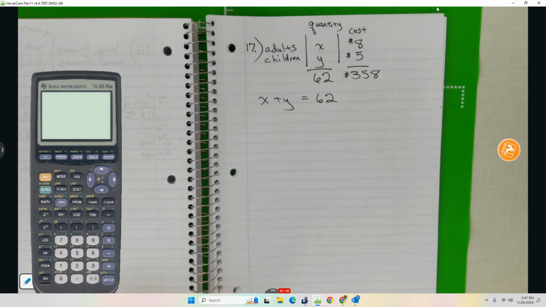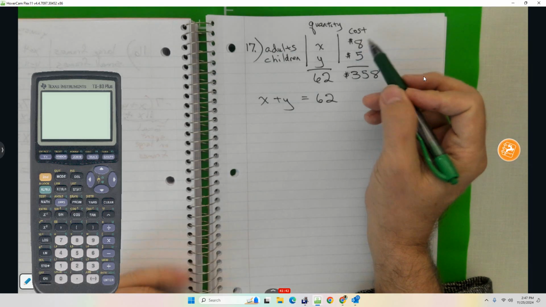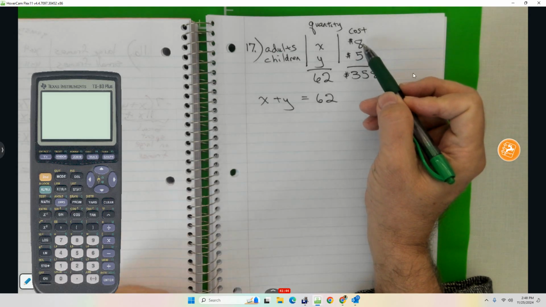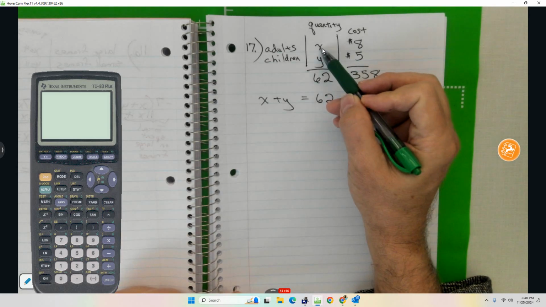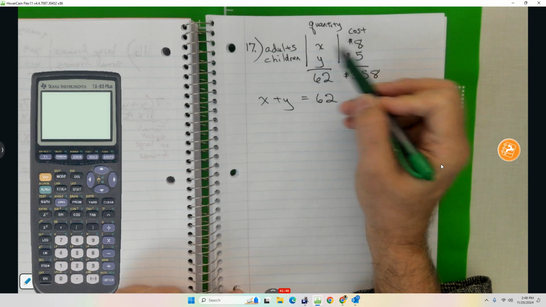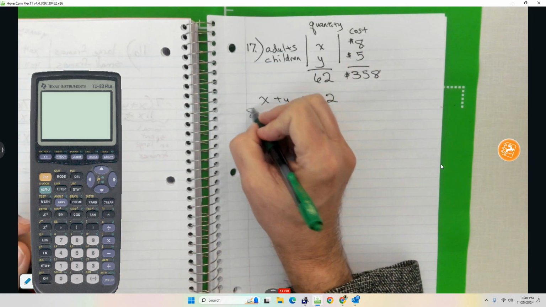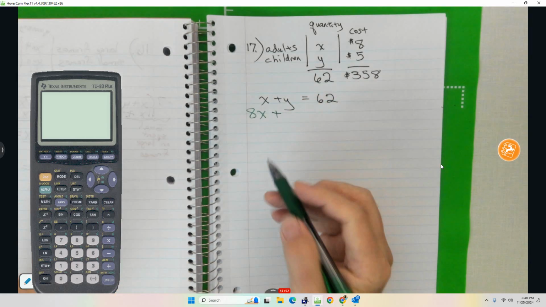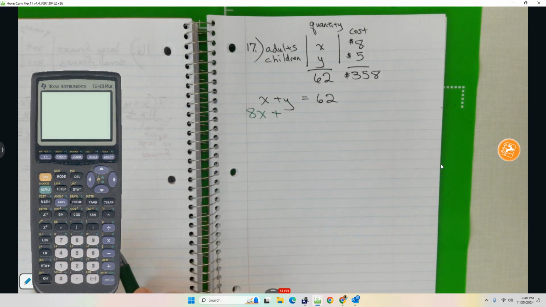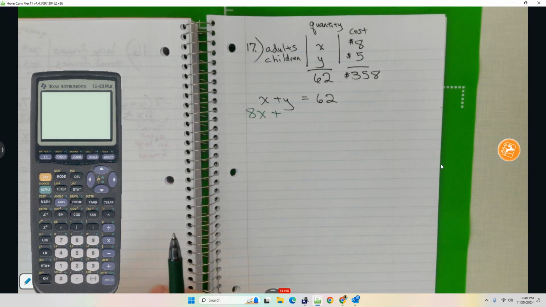So, okay, 8x. The adult tickets cost $8 each. There were x tickets sold. So 8x is all the money they got from selling adult tickets. Plus, what else? 5y.